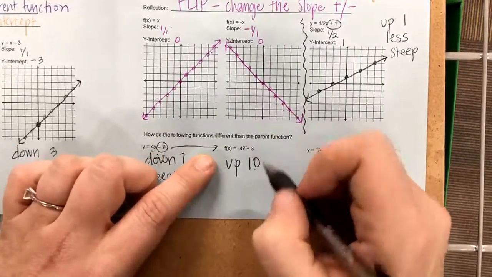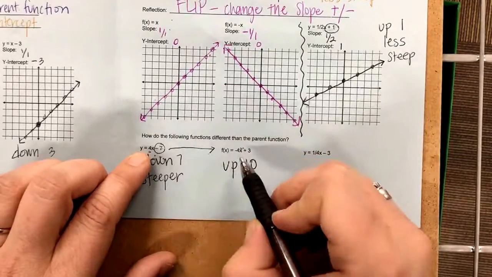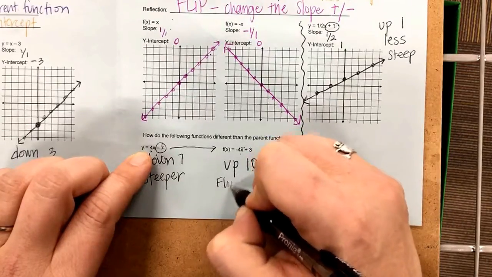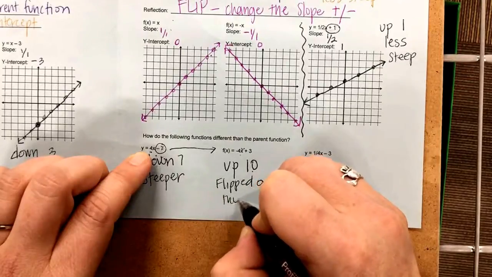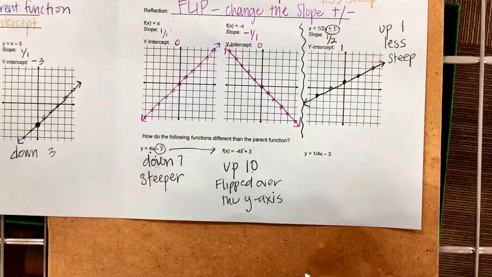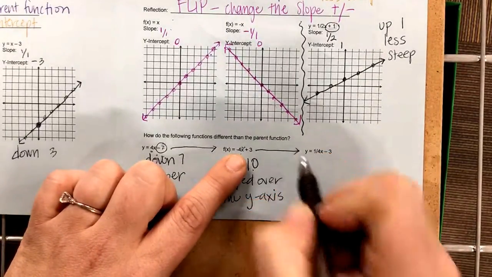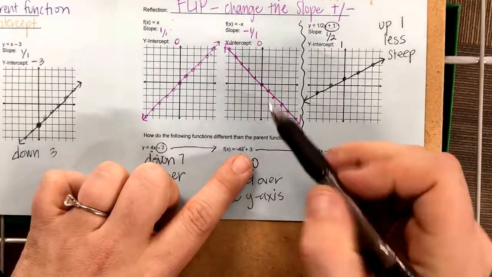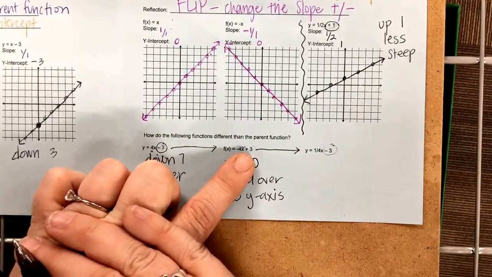And what else happened? What other difference is there in the equations? Well, my slope is 4, but this one my slope is negative 4, so it flipped over the y-axis. It's reflected. All right, so let's talk this one to this one. What happened? From here to here, what happened? Well, this one was at plus 3, now it's at minus 3. So what was our translation?